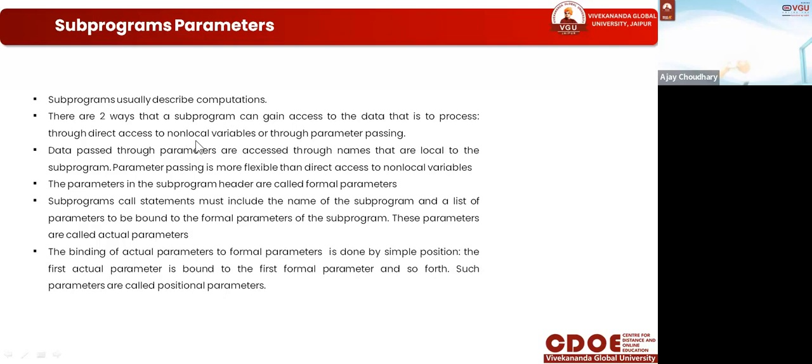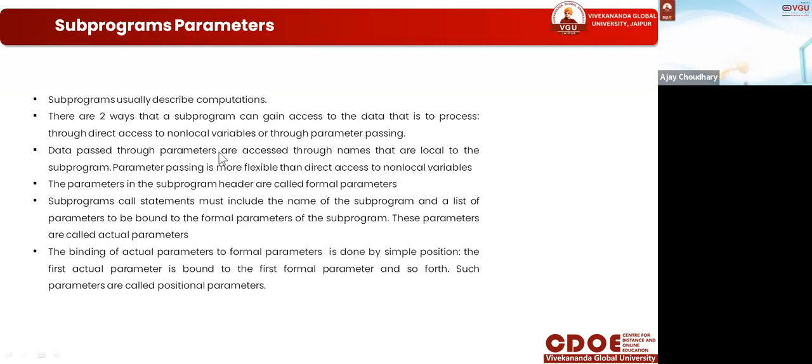There are two types of variables: global variables and local variables. A global variable is defined so that it is accessible to all subprograms. But when we define a variable in a subprogram, only that subprogram part can use that variable.